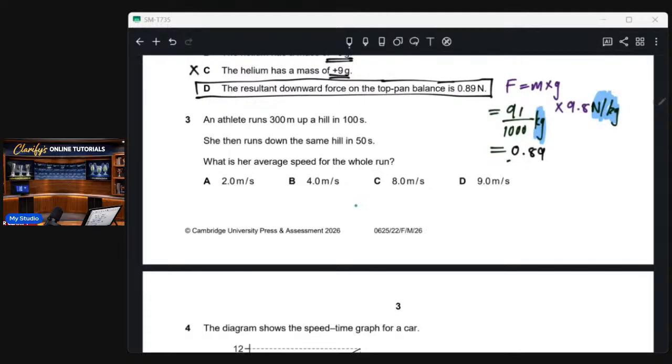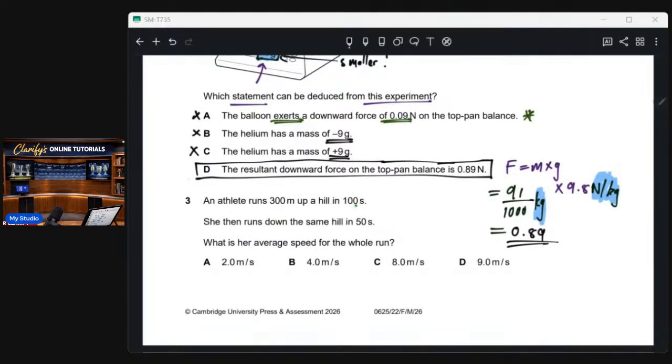So the answer becomes 0.89. Anyway, the answer was always going to be D because all the other ones are incorrect.